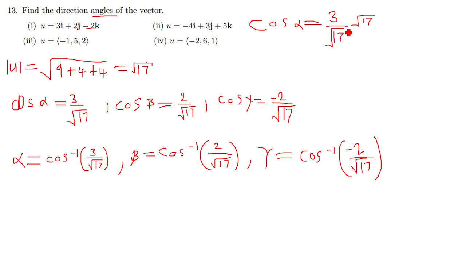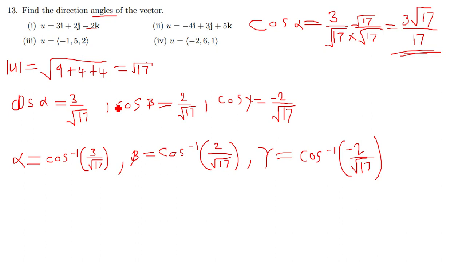In case there is someone who's lost, you multiply the numerator and denominator by root 17. When you multiply 3 times root 17, you get 3 root 17. Then root 17 times root 17 just gives you 17. This is a well rationalized cosine alpha term. Alright, let's quickly move on to the next question.